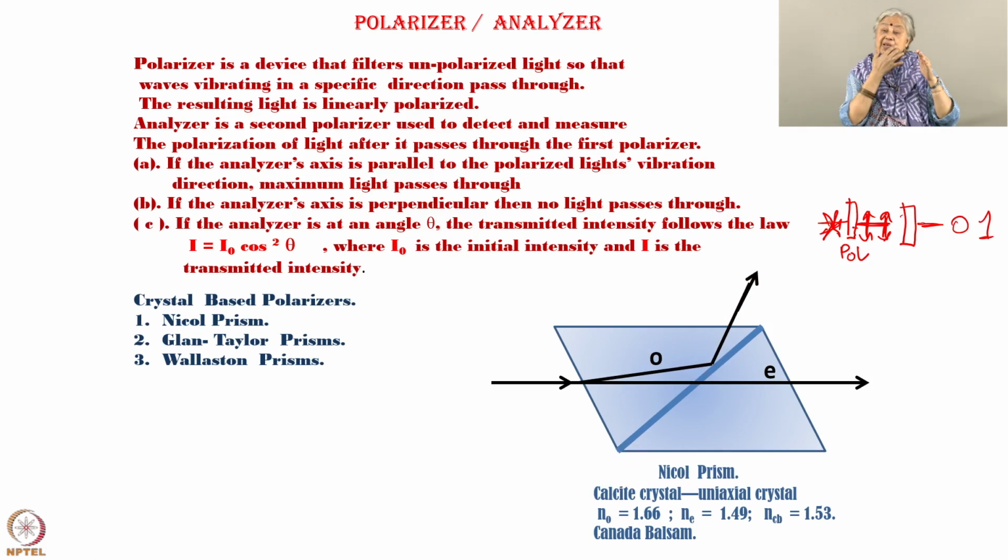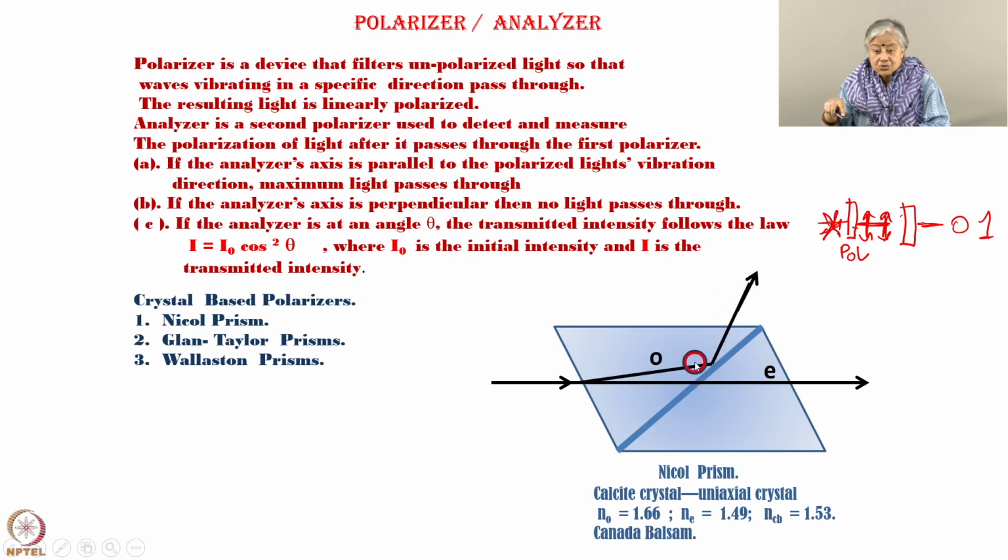If you have light in water, say, and it comes to the edge surface of the water, and the other side is air, then it gets totally internally reflected if it comes at a particular angle. That means the other medium is a rarer medium. It has a refractive index less than the one here. The refractive index of this deep blue line is 1.53, which is less than 1.66 of this medium. So it undergoes total internal reflection.